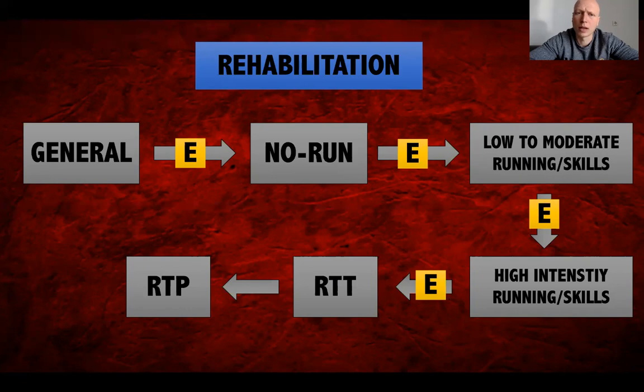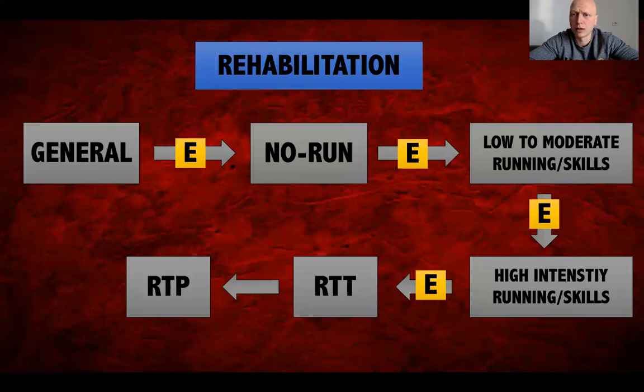And then we're going to make an evaluation together with physiotherapists and progress to the phase where we are still not running, but we can maybe start using a bike, or we can maybe use an anti-gravity treadmill, move and work in the pool and so on.